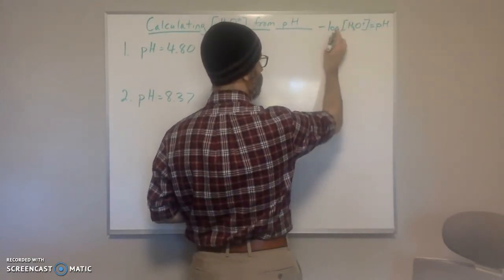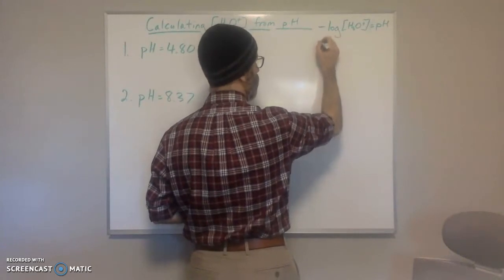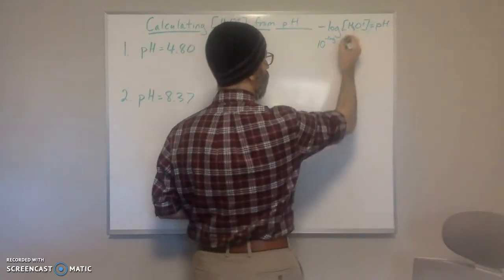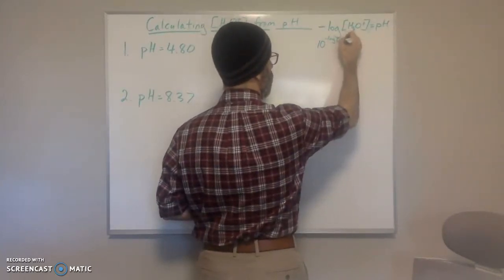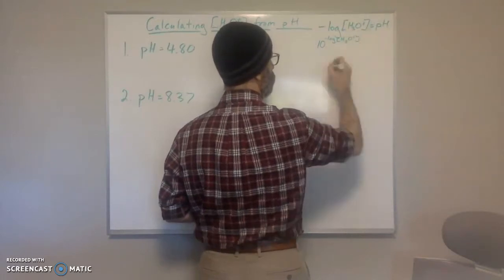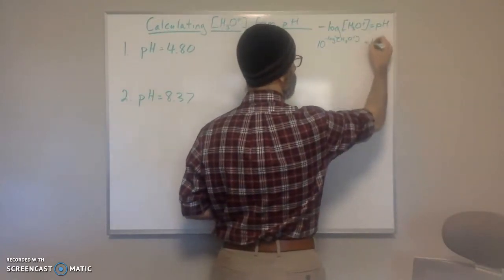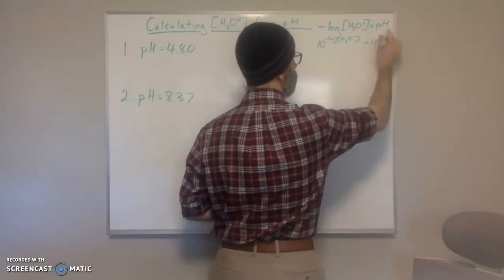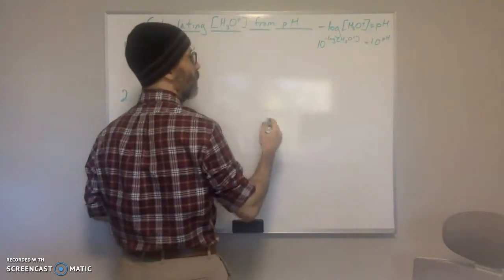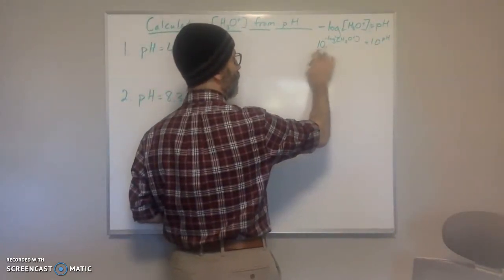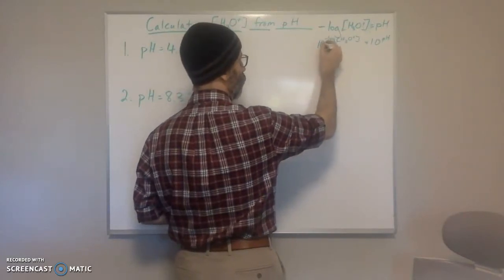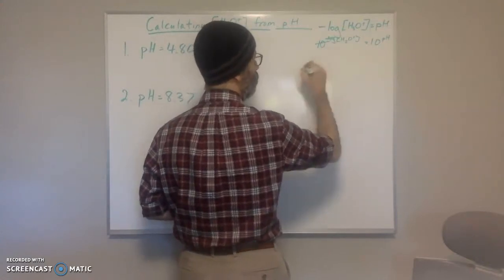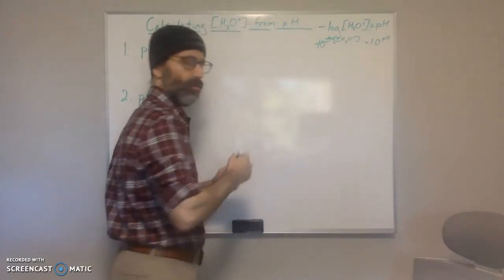So if I raise this to power 10, it would be 10 to the negative log of the H3O plus concentration is equal to 10 to the pH. So the 10 to the power of a negative log, these are going to cancel each other out, except for the negative.